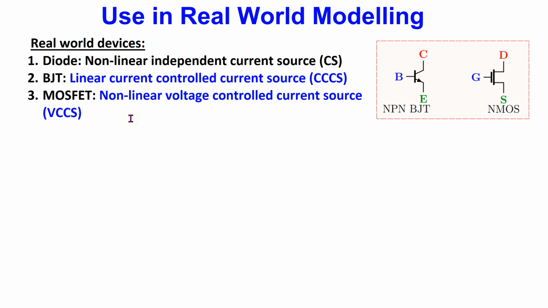A metal oxide semiconductor field effect transistor is modeled using a non-linear voltage-controlled current source. Note that a diode is not modeled using dependent sources. Instead, a diode is modeled as a non-linear independent current source.